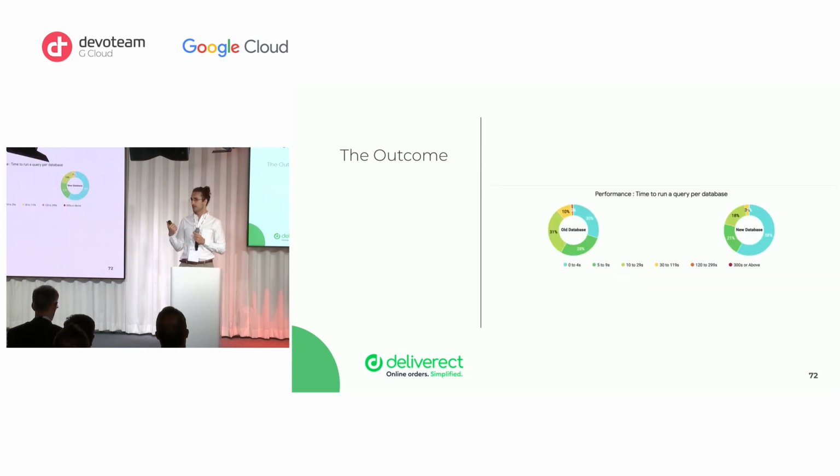Also, some metrics on the benefits, to display in numbers what the outcomes were: for example, the amount of queries from our dashboards that take less than 4 seconds has now almost doubled. And then the queries that take more than 300 seconds.